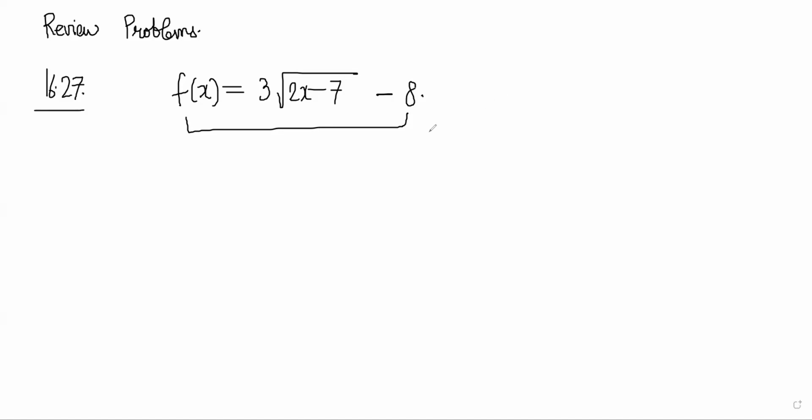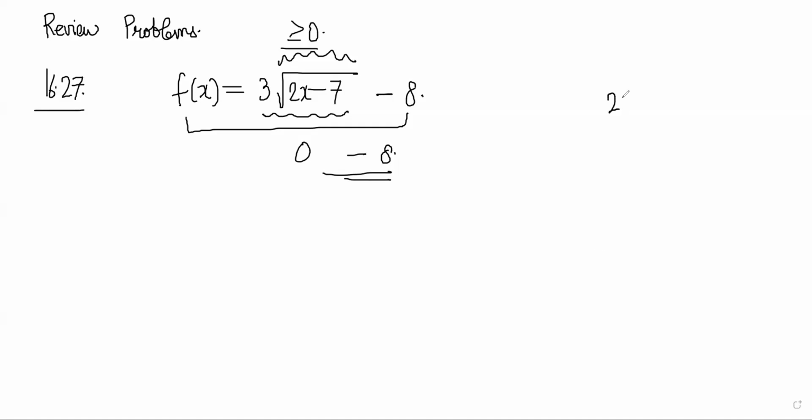So the lowest value that the root can be is 0. So then the minimum value the function can have is -8. The root can be anything above 0. Obviously, higher values are possible, but it cannot be less than 0. So the lowest value for the overall function is -8.